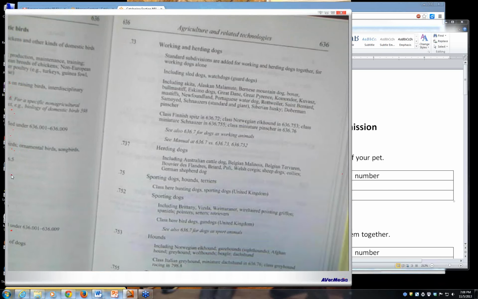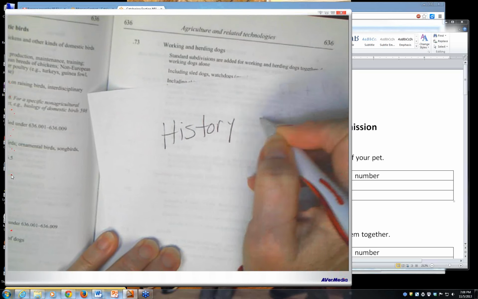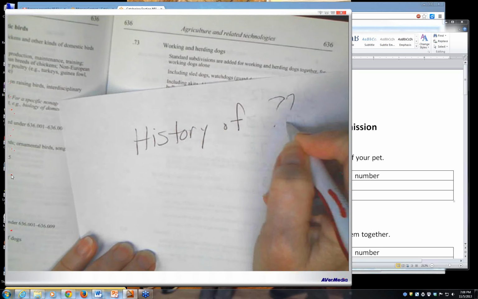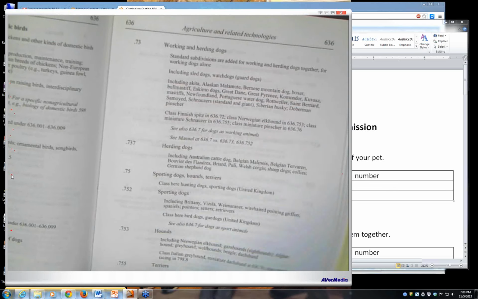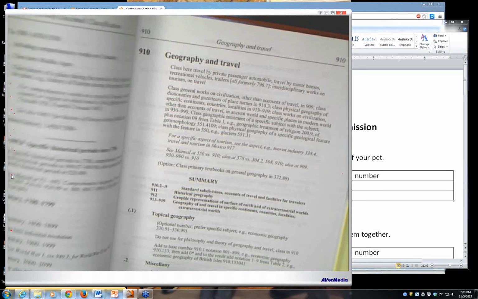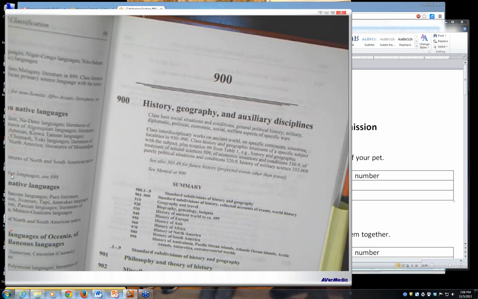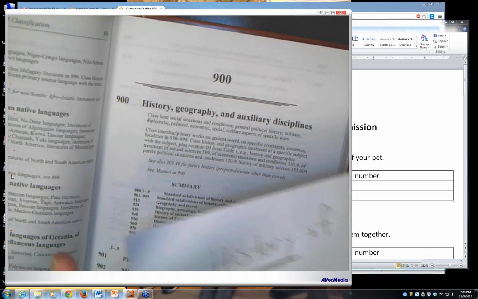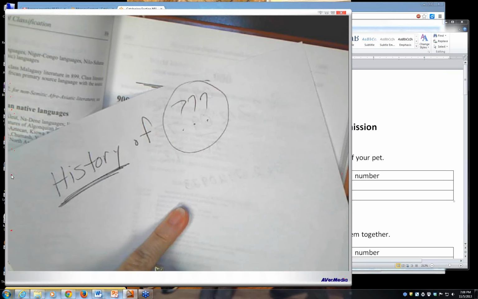Anytime you've got a title that's history of something, the clue here is history. We wouldn't use the number for history, which in the relative index is 900, because that's way too broad. You want to focus in on the main topic, which would be this topic.